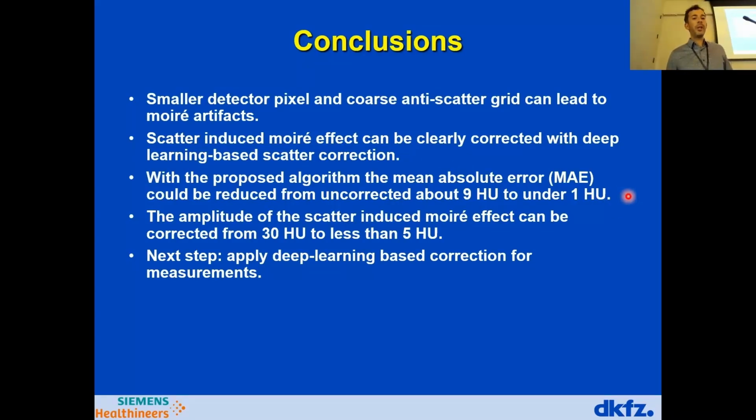With our method, the mean absolute error could be reduced from about 10 Hounsfield units to less than 1 Hounsfield unit. And the amplitude was corrected from 30 Hounsfield units to less than 5 Hounsfield units. So our next logical step would be to apply this network to real measurements in the prototype of the scanner.